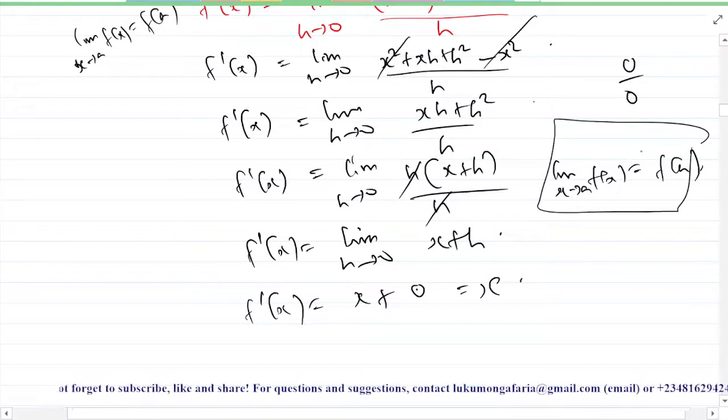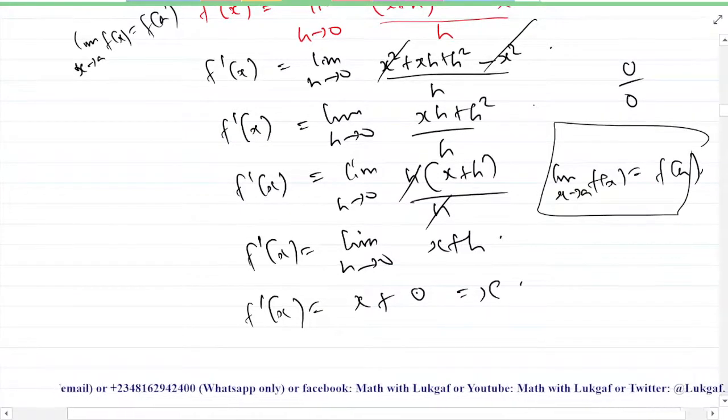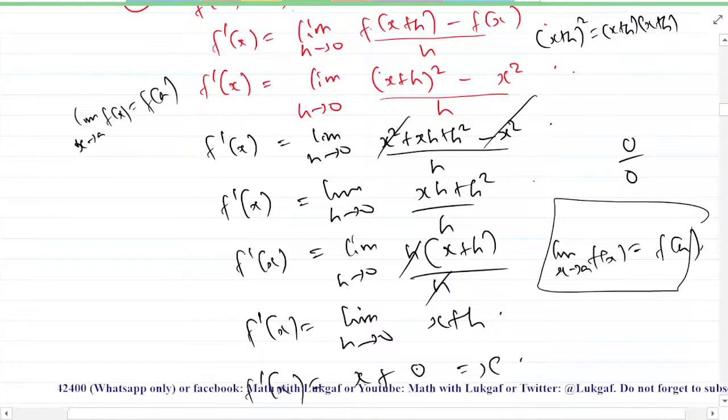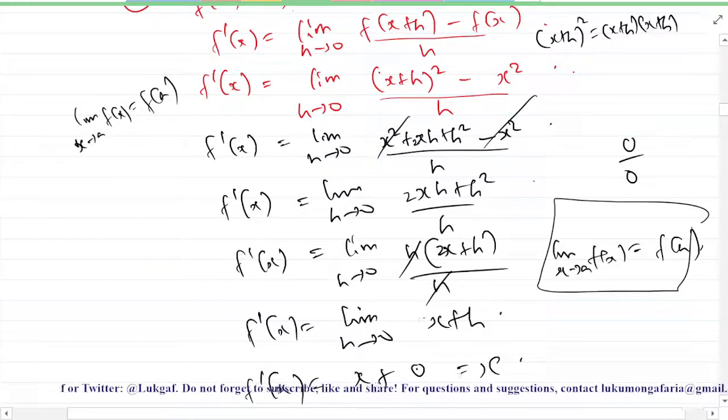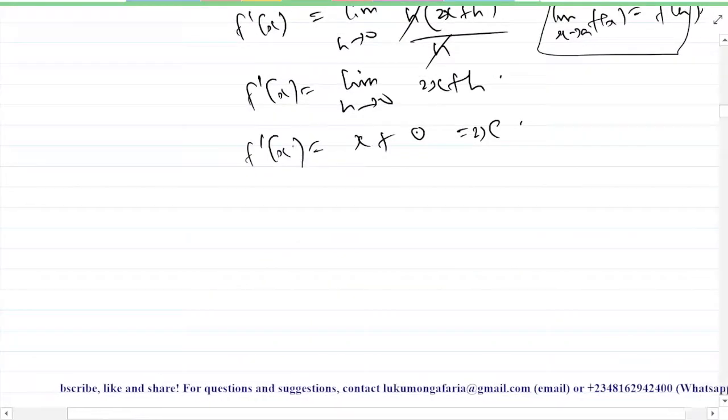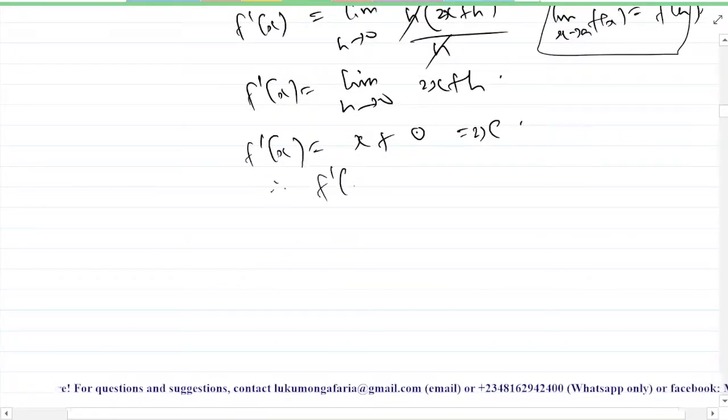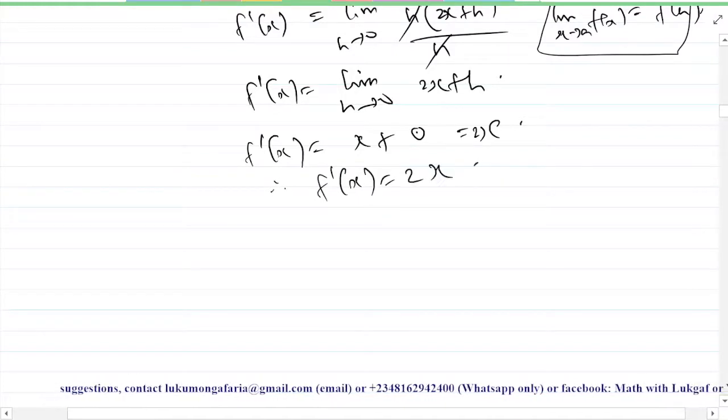No, I think I made a mistake, something is missing. When you expand this, it is supposed to give me 2sh, sorry. So 2xh, yeah. So then this will be 2x, and this is going to be 2s. So you can conclude that your f prime of s is equal to 2x.